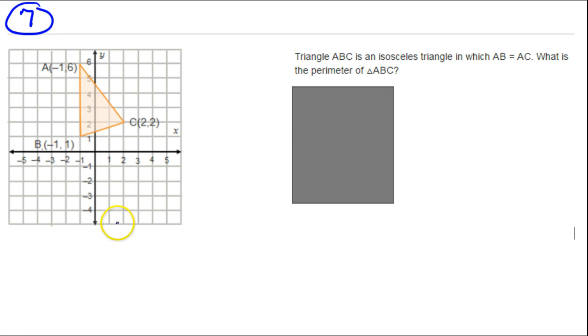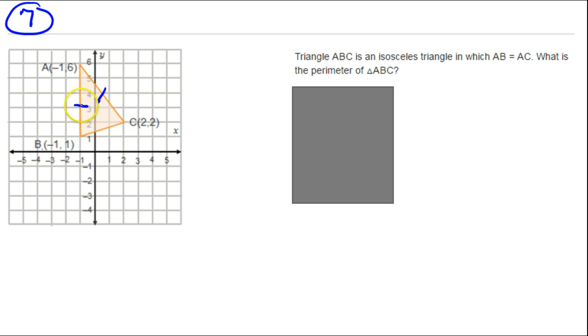Okay, take a look at number 7. We're given this figure. The triangle ABC is an isosceles triangle. So they're telling us that AB and AC are equal. Let's go ahead and mark that so we don't do more work than we need to. And now we're being asked to find the perimeter of triangle ABC.